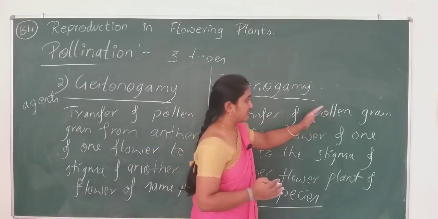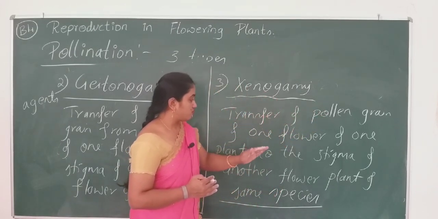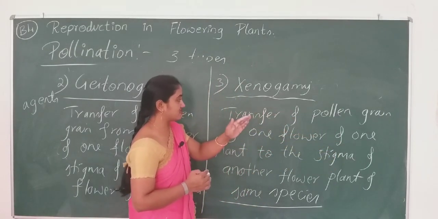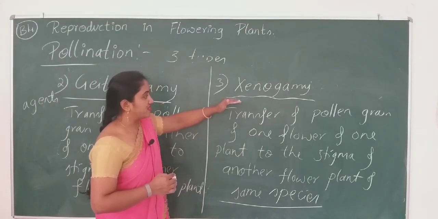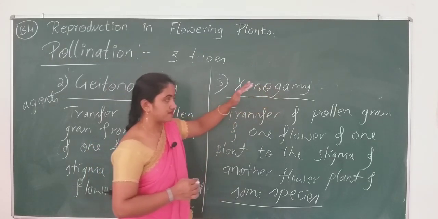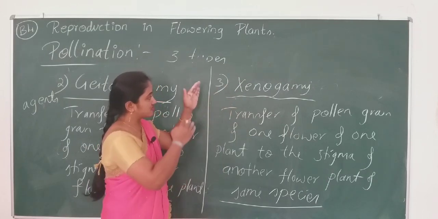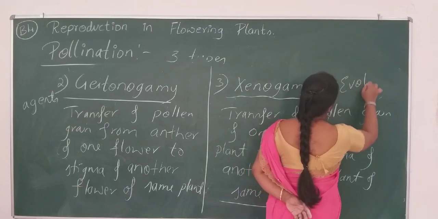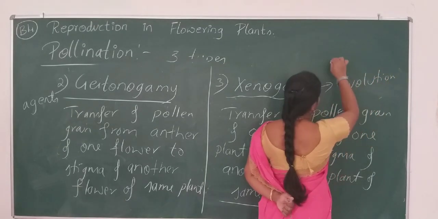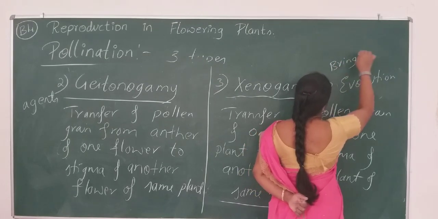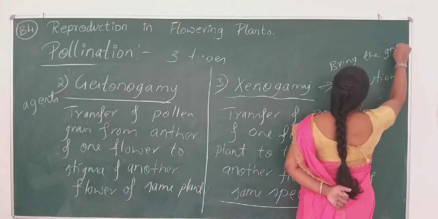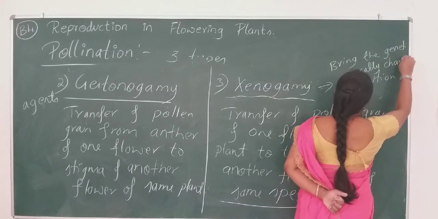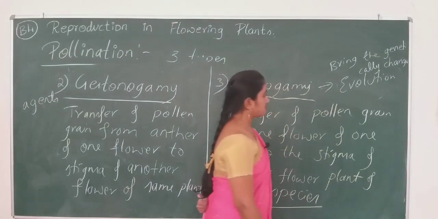One plant's pollen grains are traveling to one more plant's flower, onto the stigma. This type of pollination is known as xenogamy. This type of xenogamy results in evolution, and it also brings genetic changes in the characters of plants.